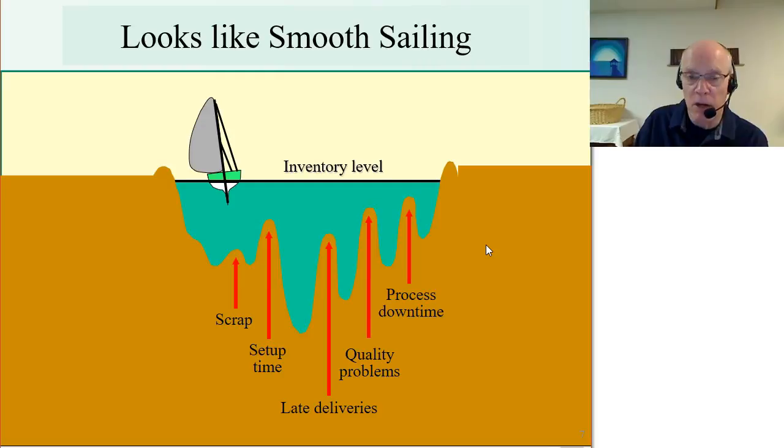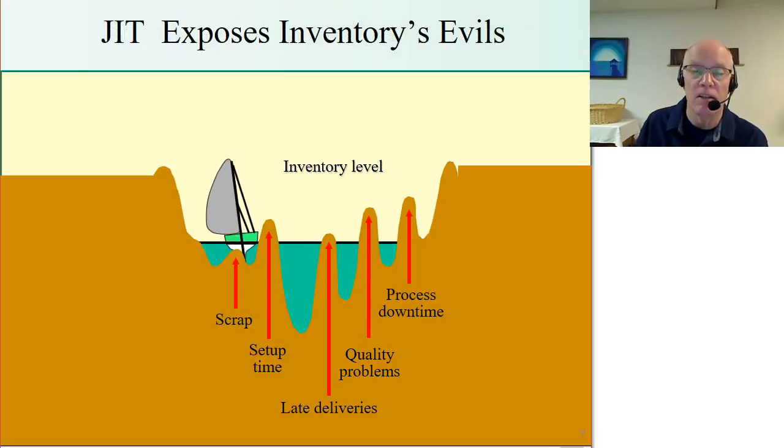But by lowering my inventory level purposely, all of a sudden I start seeing these things, and I can see the rock outcroppings. I can see that I've got four problems and another one right below the surface, and that process downtime is my number one problem. When I identify this, what we would often do then is return the inventory levels to their previous position.